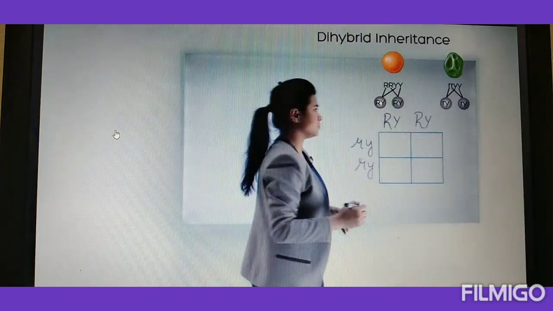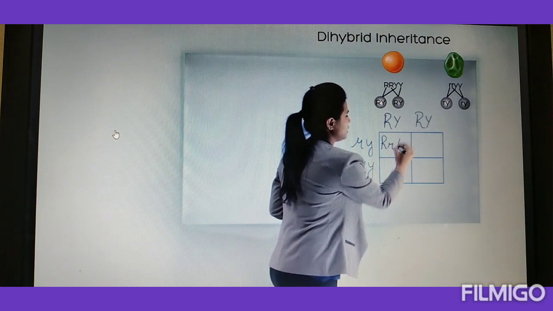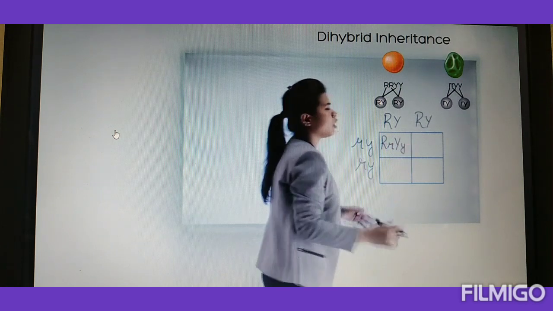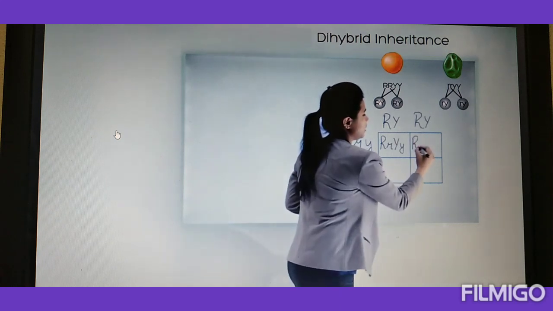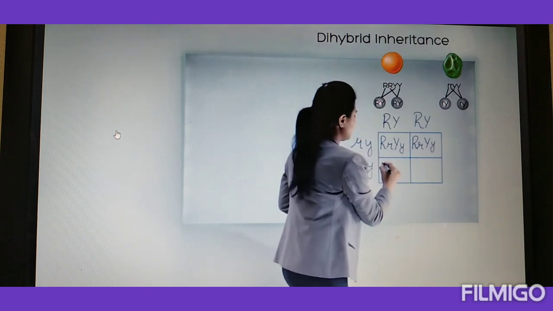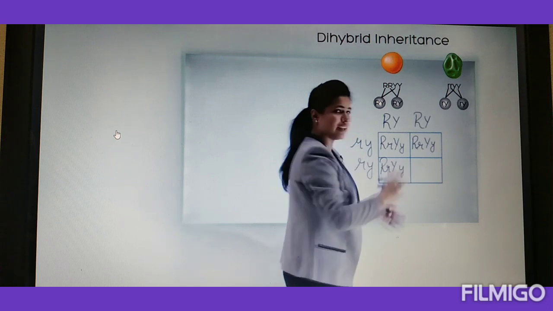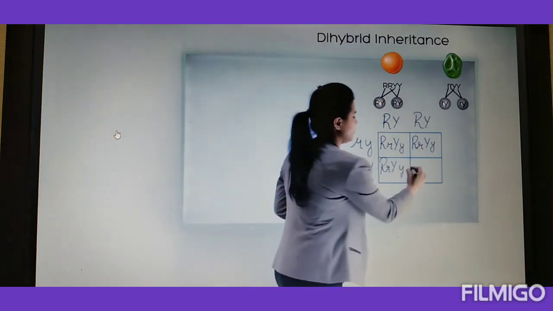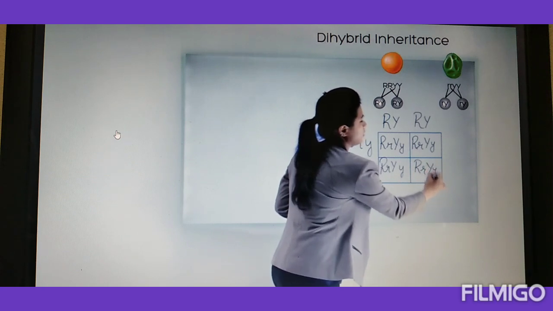Now let's fuse them. So when I will fuse them, I will get capital R, capital Y and small y. All the cells will have the similar combination. So it will be capital R, capital Y, small y. Again capital R, capital Y, small y. And in the last cell also, it will be capital R, capital Y and small y.